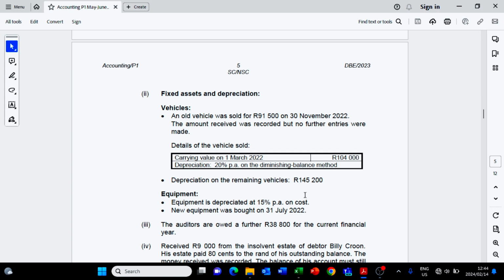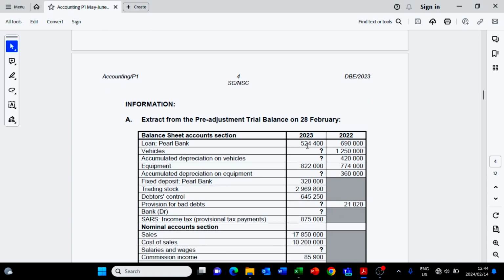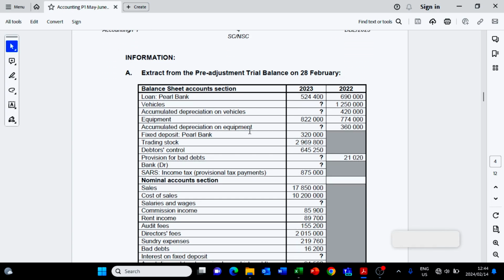So we are going to go to our information, our trial balance on 28 February. At the beginning of the year, our equipment was valued at 774,000. And then at the end of the year, it was valued at 822,000. This simply shows that there was an increase in the value of our equipment.